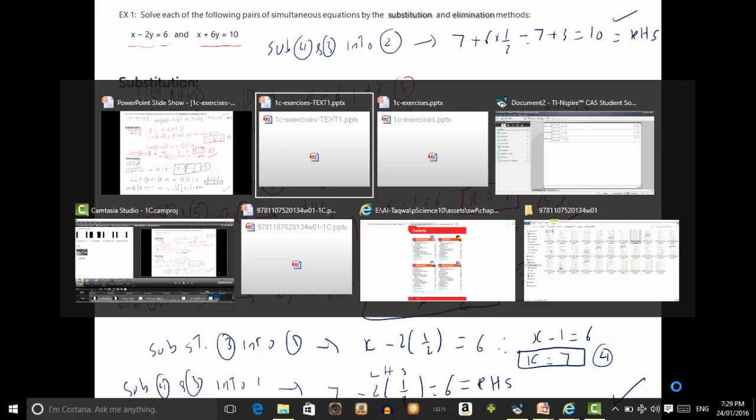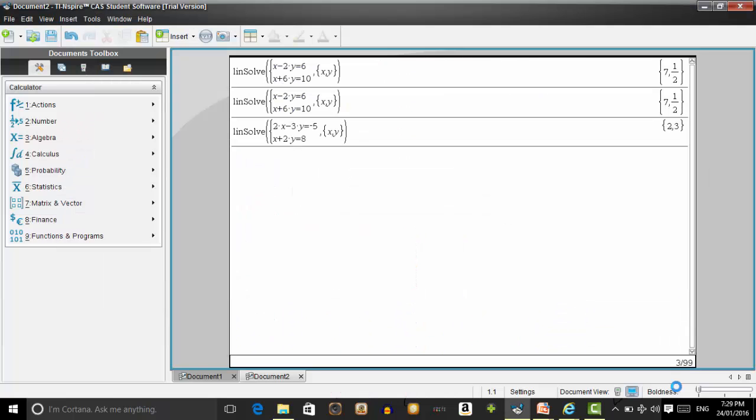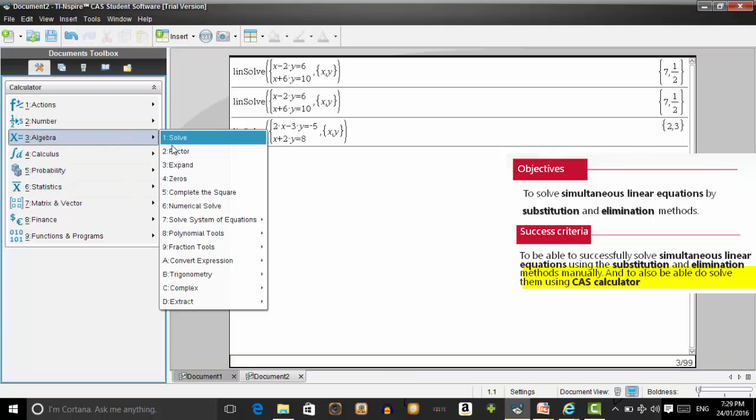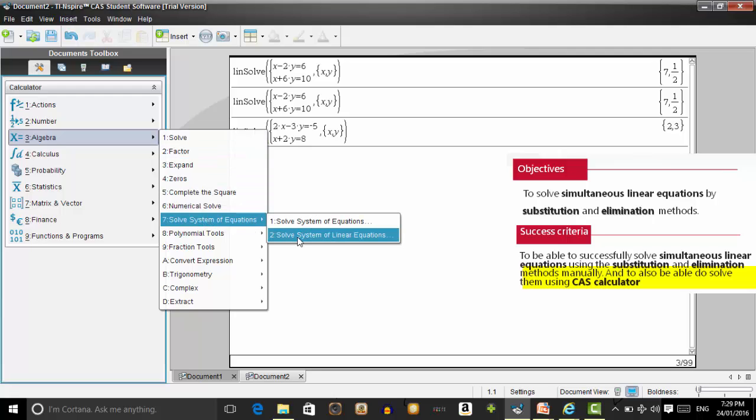We go back. Alright, so exercise 2. The equations are 2x minus 3y equals negative 5, and x plus 2y equals 8. Again, the way we did it is by solving equations.